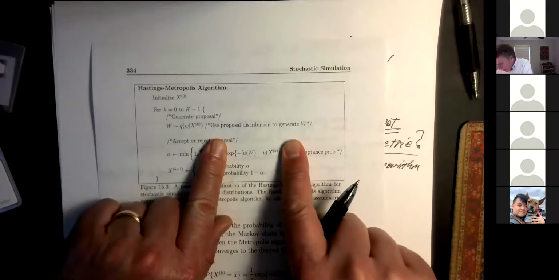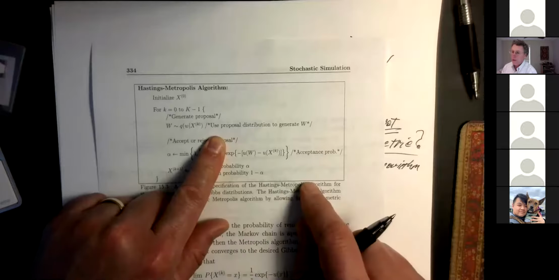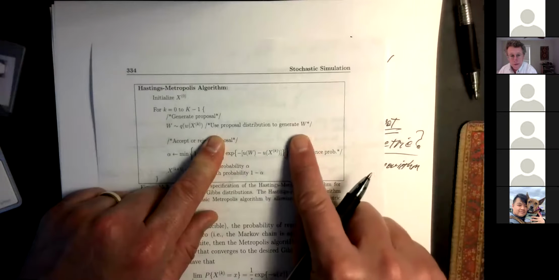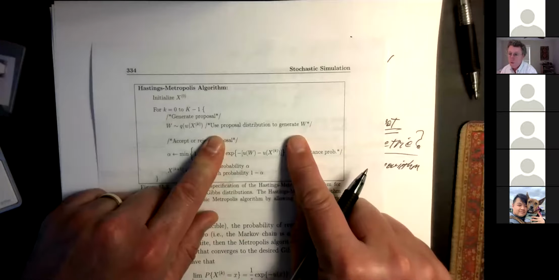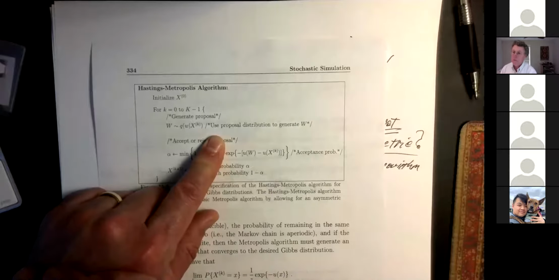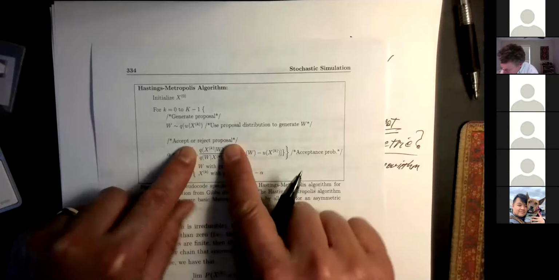The problem is that this acceptance probability is not going to work if you're always saying, let's go to pizza, let's go to pizza. You're going to end up going to pizza too often. So instead, you have to reject more often the things that get proposed too much. So you have this additional ratio here.